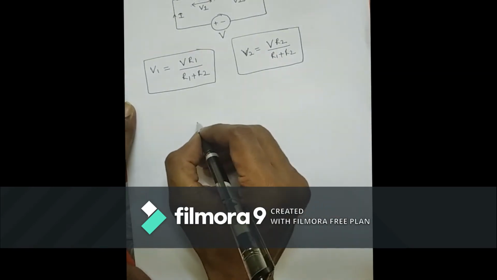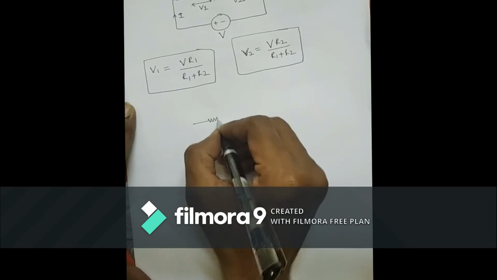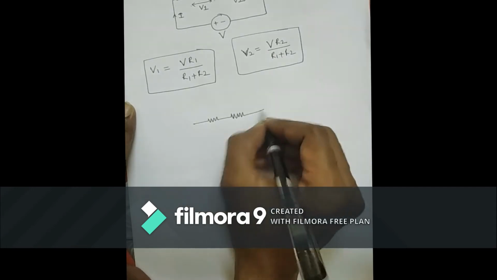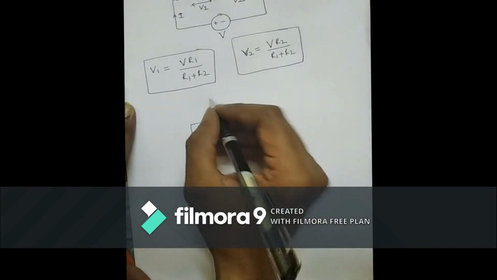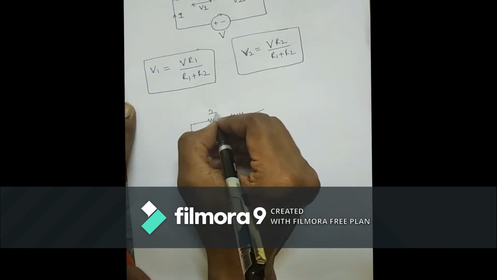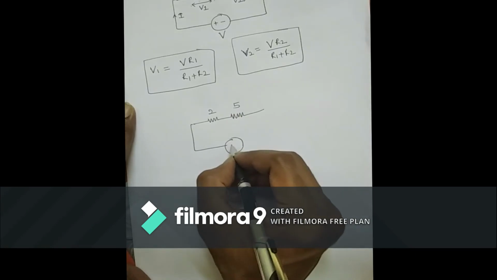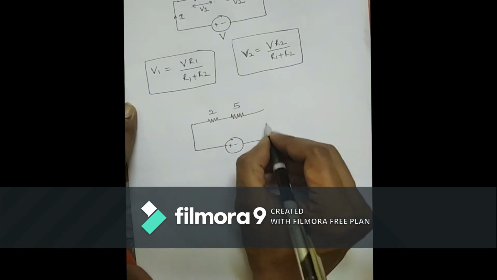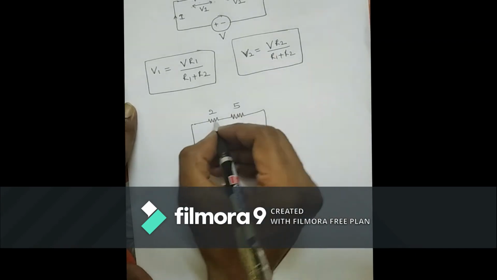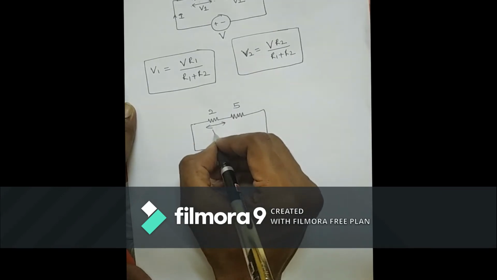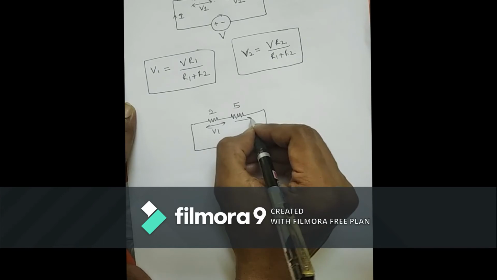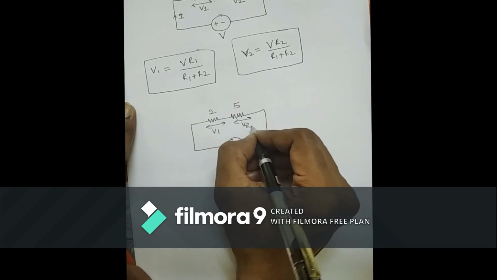Assume that I have two resistances connected in series. Here this resistance is 2 ohm and this resistance is 5 ohm, and the applied voltage is 10 volt. For this I have to calculate the voltage across the first resistance V1 and the voltage across the second resistance V2.